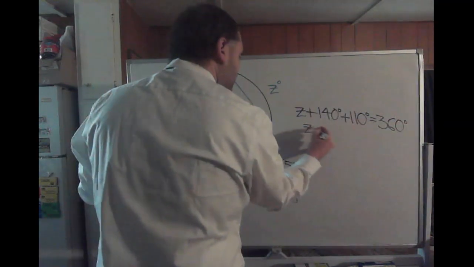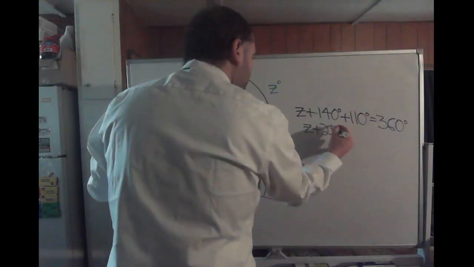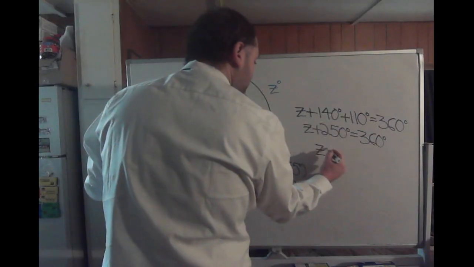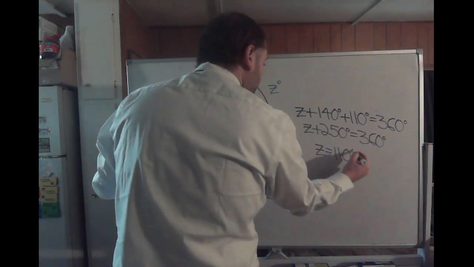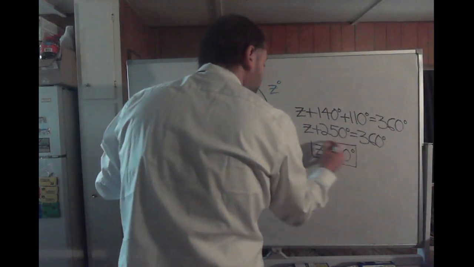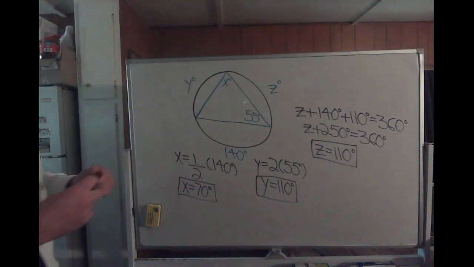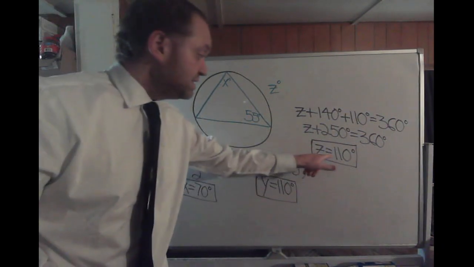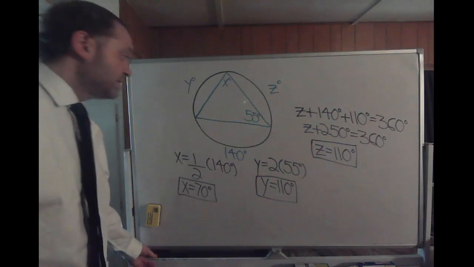Set all that equal to 360 degrees, which would simplify into Z plus 250 degrees equal to 360, which then means that Z is also 110 degrees. So we should have X equals 70 degrees, Y equals 110 degrees, Z equals 110 degrees.